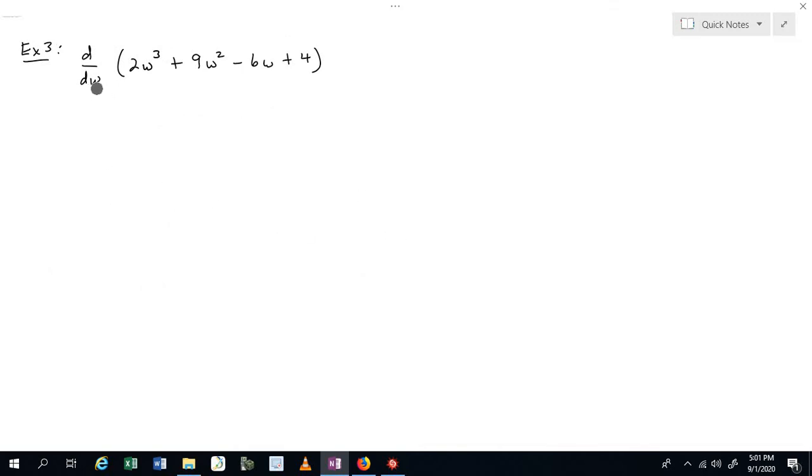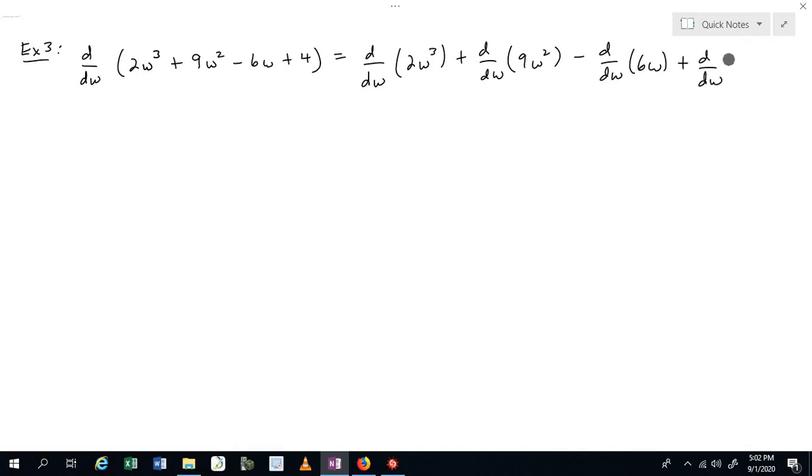Okay, so let's look at this one. Now notice I'm taking the derivative of this with respect to w, and this function does depend on w. Okay, and so according to the sum and difference rule that we just looked at, I can actually break this up and find the derivative of each of these individually, and then add or subtract those derivatives. Okay, so let's do that. So this is the same as the derivative of this, plus the derivative of this, minus the derivative of 6w, plus the derivative of 4.